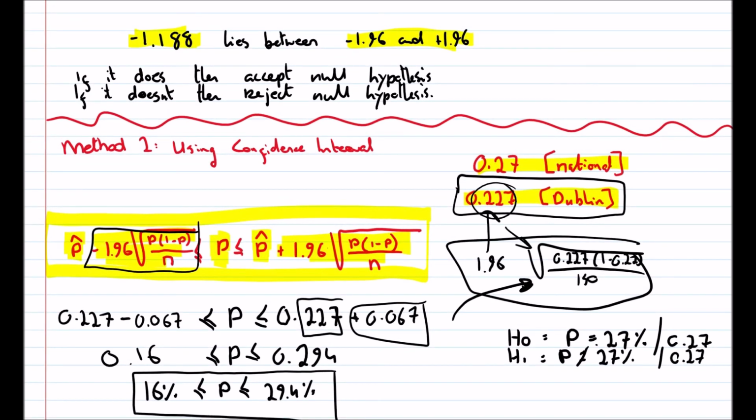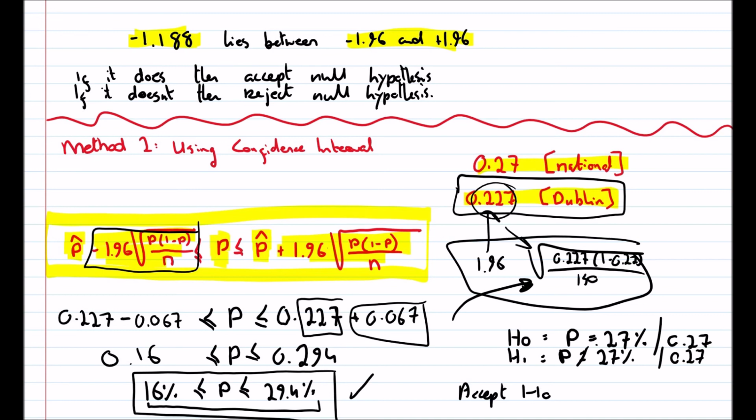We look at this 27% and we see, is it within this confidence interval? Is 27% between 16% and 29.4%? Yes, it is. So if it is, we accept H0. So we accept the null hypothesis. And what are we accepting? Well, we're saying there is no difference, or there shouldn't be any difference between the kids in Dublin and the kids in the rest of Ireland.